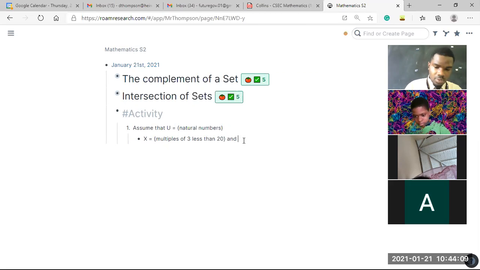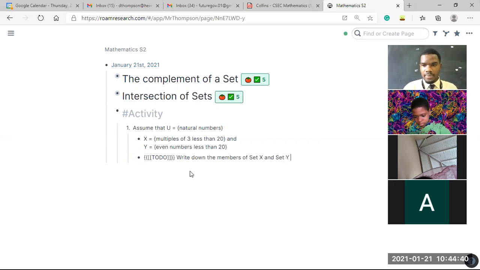And Y is the set of even numbers less than 20. The question that we have for you now is question 1. Write down the members of set X and set Y.